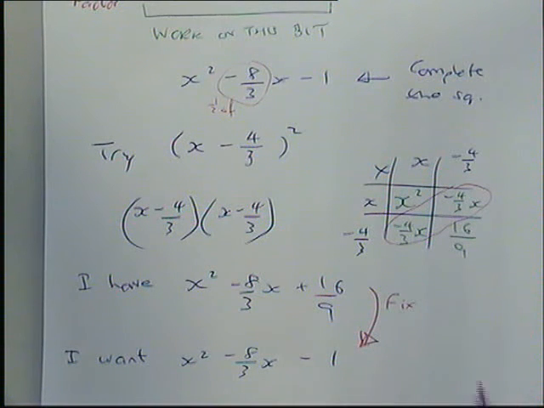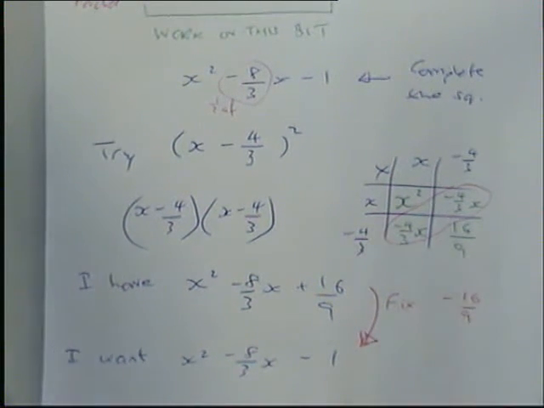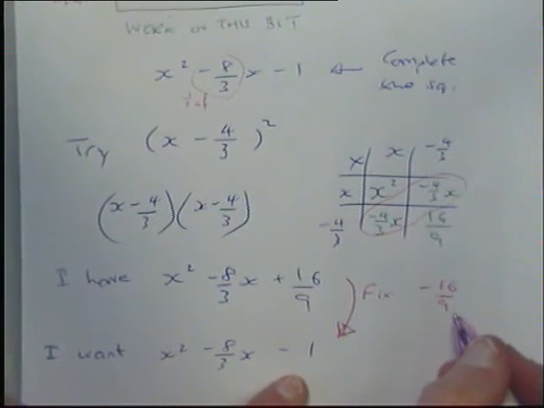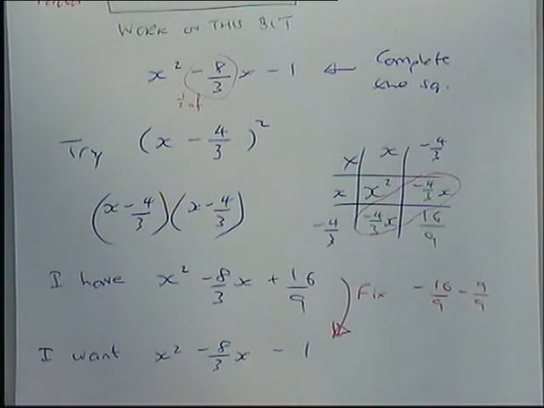If you think of it, to get to 0, I've got to take 16/9 off. That will take me to 0. And then I've got to go down to minus 1. I've got to take another whole one off. Now, if I'm talking in ninths, that means I've got to take 9/9 off.